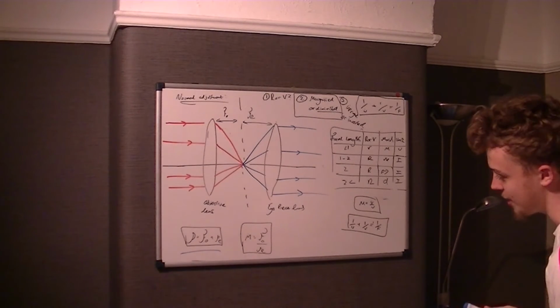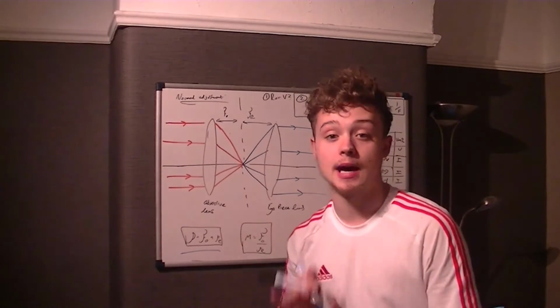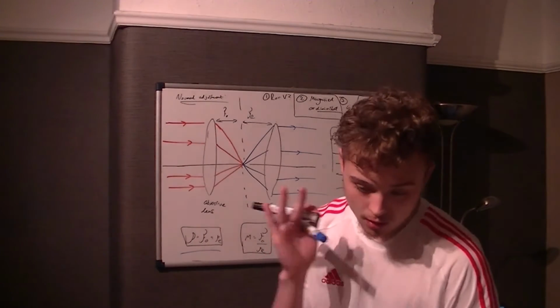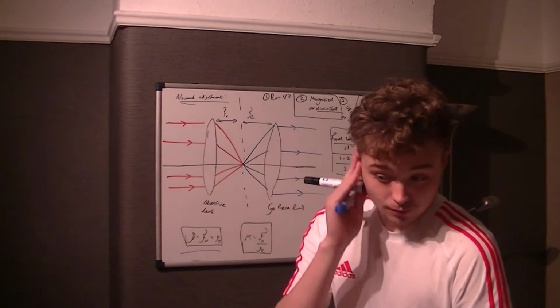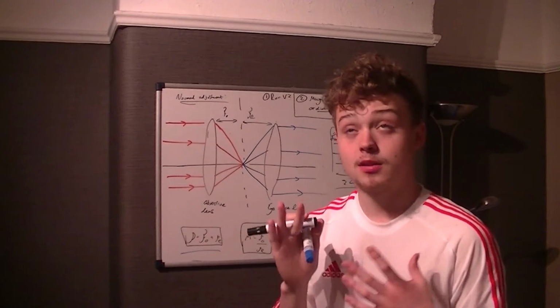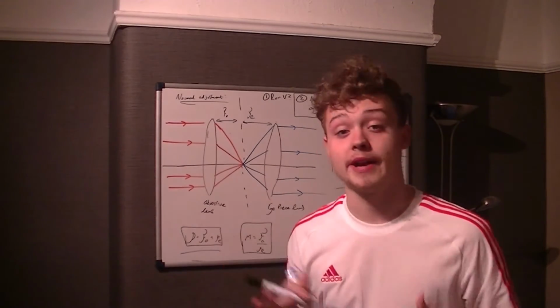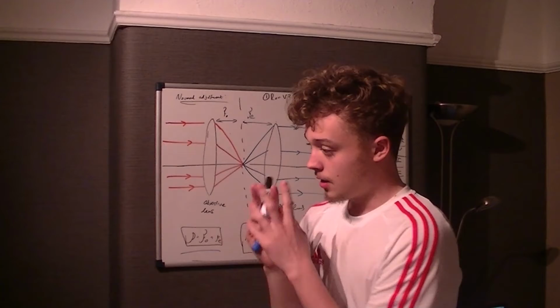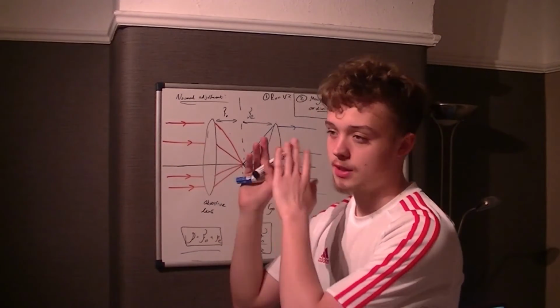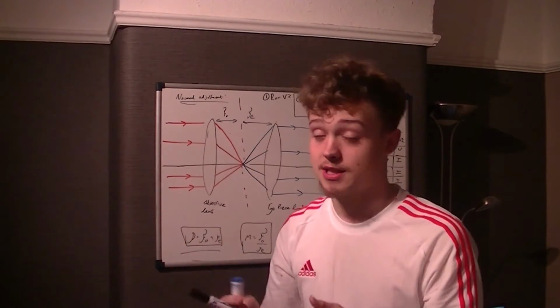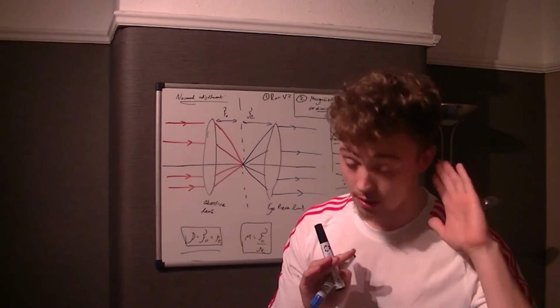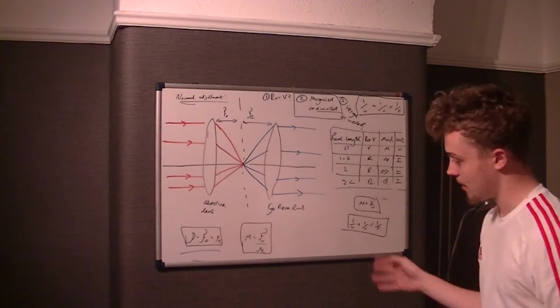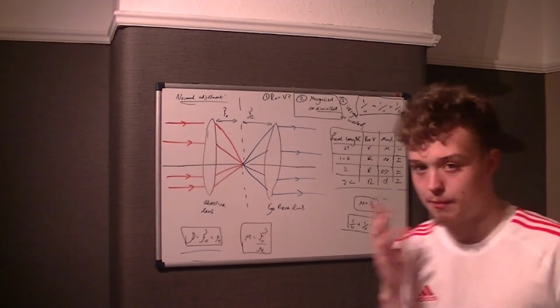Now, the magnification, just like when we were looking at the standard single convex lens, where we were looking at a ratio of the length between the image and the convex lens and the convex lens and the object. Similar kind of thing here, but we're not looking at an image and an object.